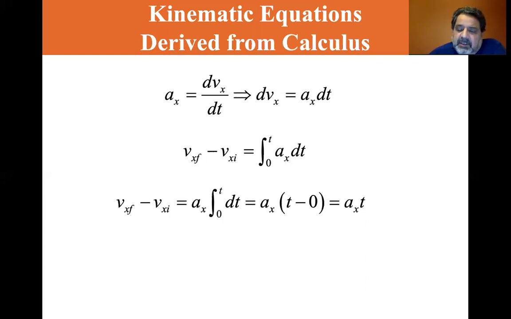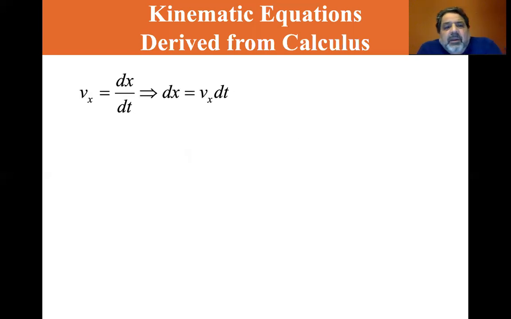So that's a familiar equation. Now let's look at Vx is equal to dx/dt, so dx equals Vx dt, and x final minus x initial is equal to the integral from 0 to t of Vx dt.